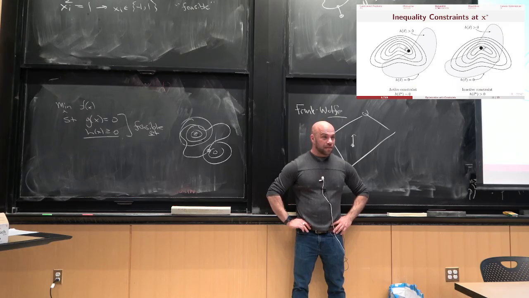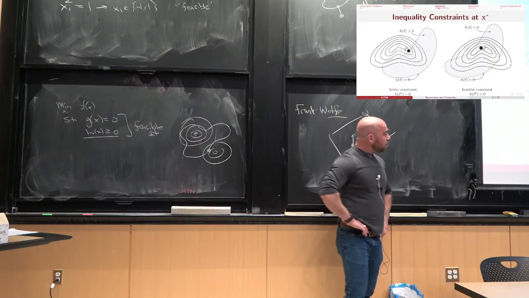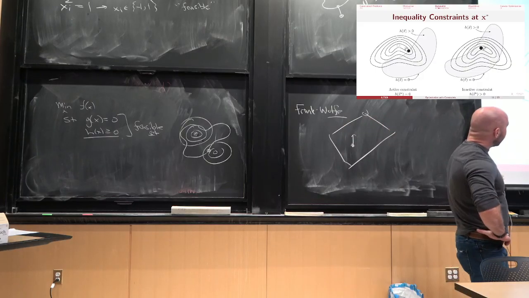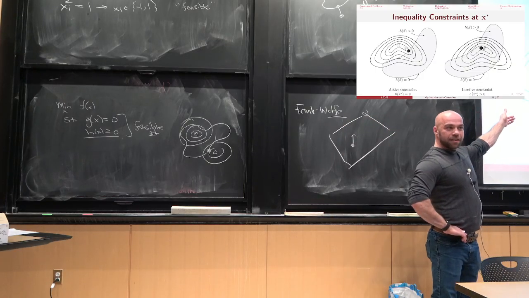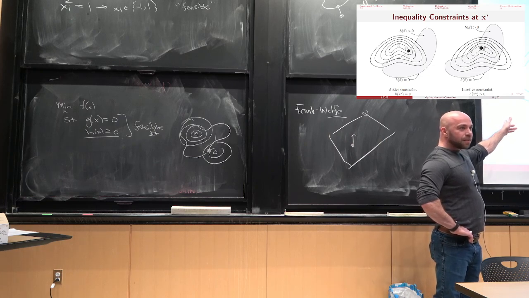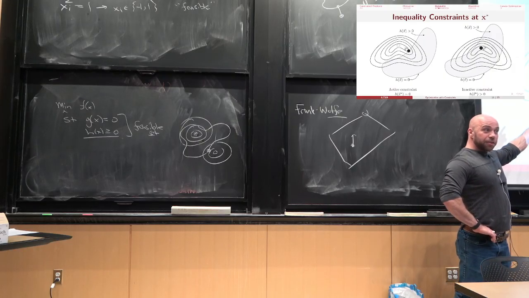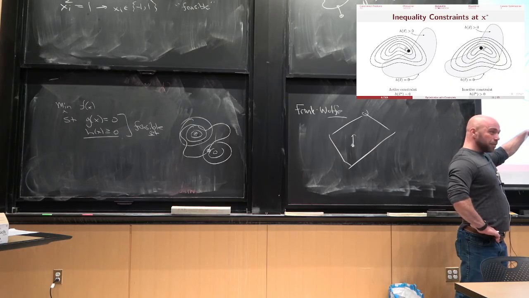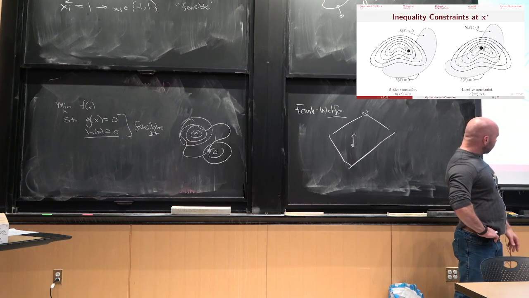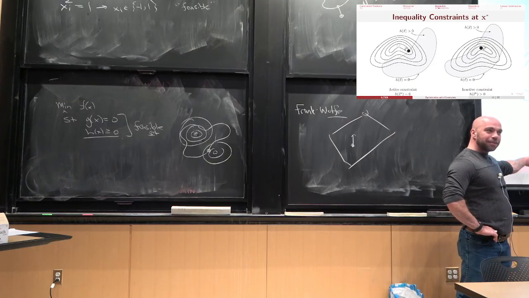Could you please explain what you mean when you say the inactive constraint is the case for h of x greater than 0? Sure. So if x star is the solution of our problem, then by definition, h of x star is either strictly greater than 0 or equal to 0. Those are just two cases. We label the first case inactive and the second one active.